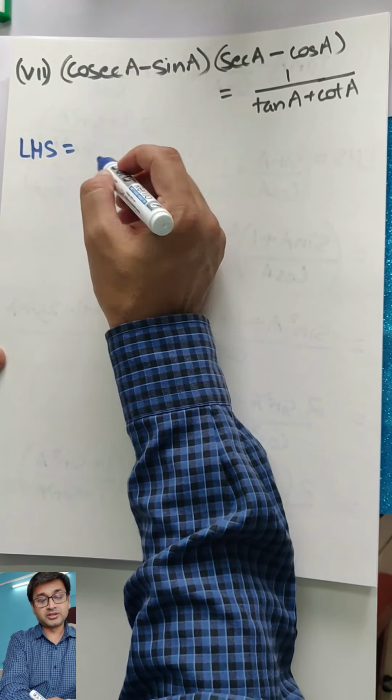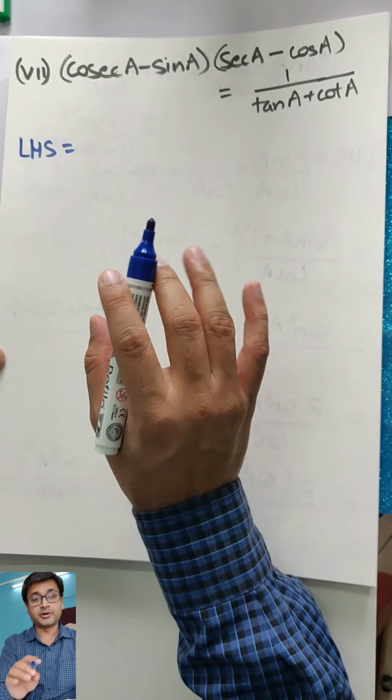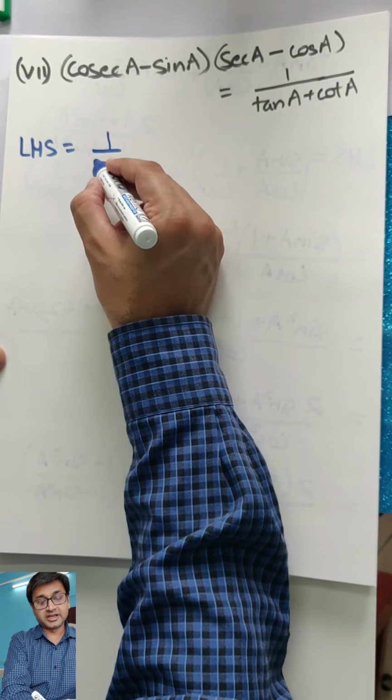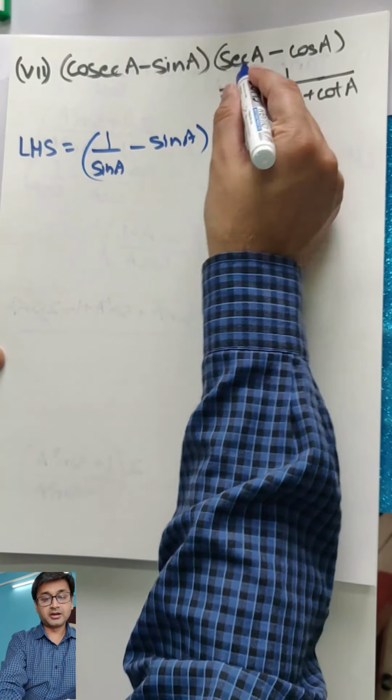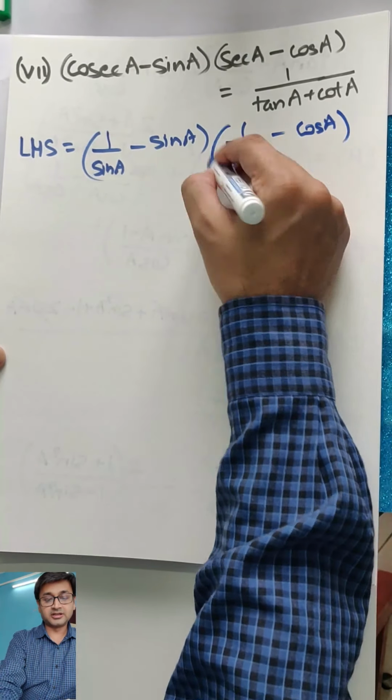Let's try it. So cosec converting to sin cos. Come on, pause your video, convert to sin cos and reach a simplified form. Cosec can be written as 1 upon sin minus sin in one bracket. Sec can be written as 1 upon cos minus cos in another bracket.